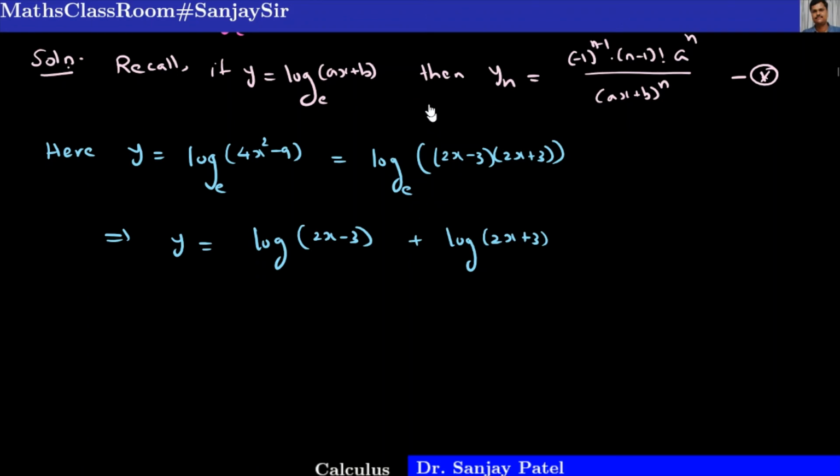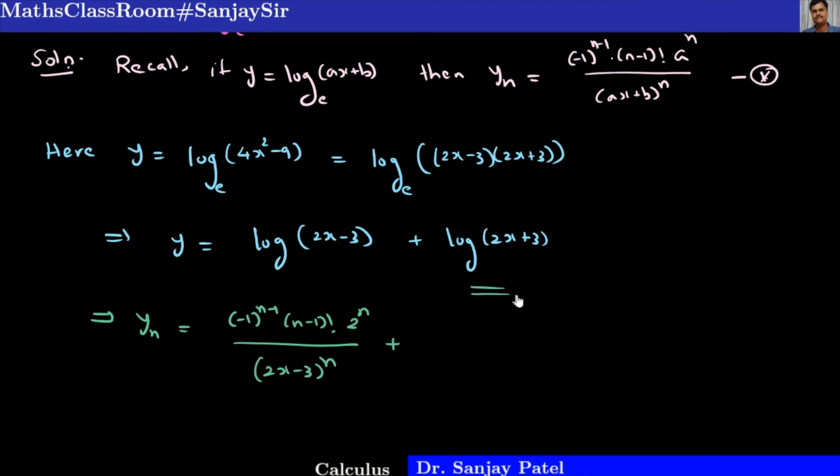So this gives us yn is equal to minus 1 raised to n minus 1 into n minus 1 factorial, then 2 raised to n, this is a, and b is equal to minus 3, upon 2x minus 3 raised to n, plus, for this function, a equal to 2 and b is equal to 3.